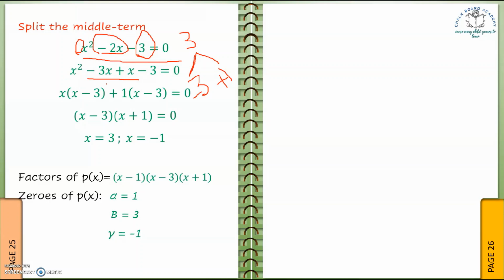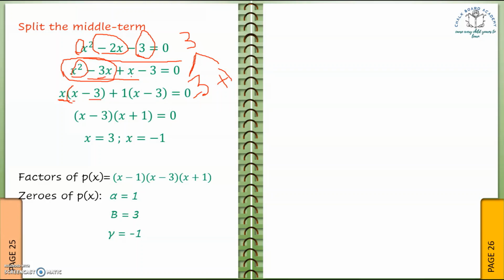So x square minus 3x plus x minus 3 is equal to 0. Now from these two terms we are taking common. Here in these two terms we only get x as a common term. So we have taken x as common. Now the left out things are in the bracket. That is, from the first term we only get x, and from here we get minus 3.